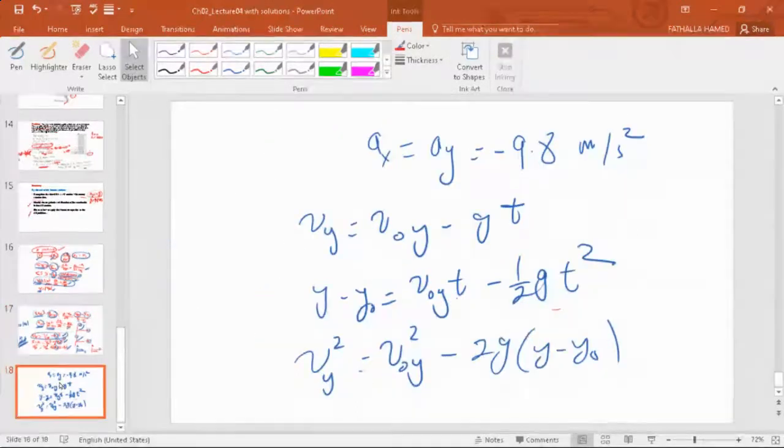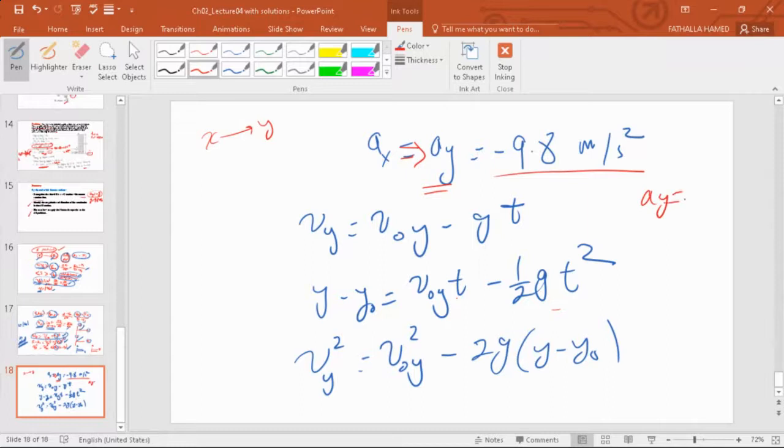And today we extended this for a free fall. In a free fall, all we did is basically we changed the x into y. So we change the ax into ay, and ay is equal to minus g, and we said that g is equal to 9.8 meters per second squared.